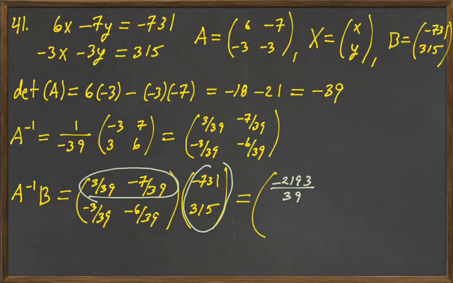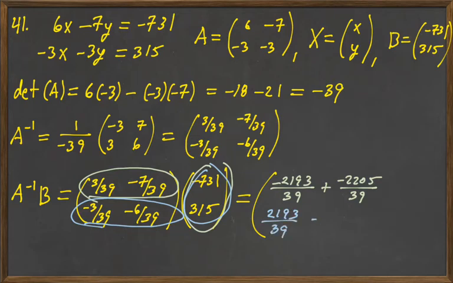And then negative 7 over 39 times 315 will be negative 2,205 over 39. And then we'll do row 2 times column 1, so negative 3 times negative 731 will be 2,193 over 39. And then the negative 6 over 39 times 315 will be negative 1,890 over 39. So here's why I didn't want to reduce. So now we have common denominators, so we can go ahead and just add those numerators.